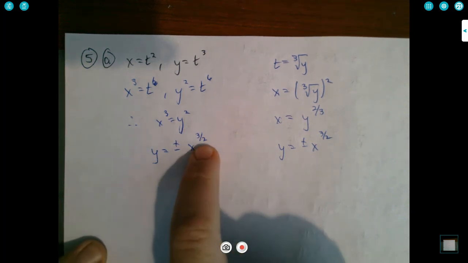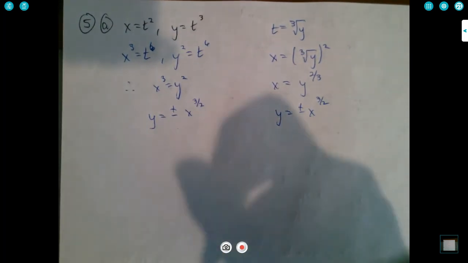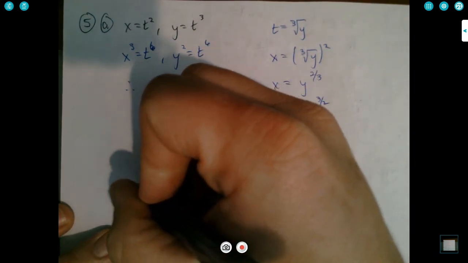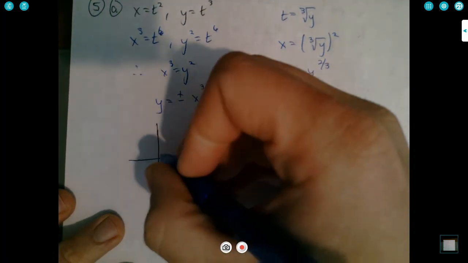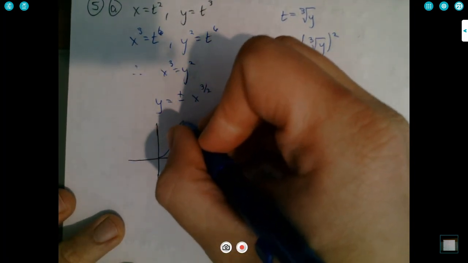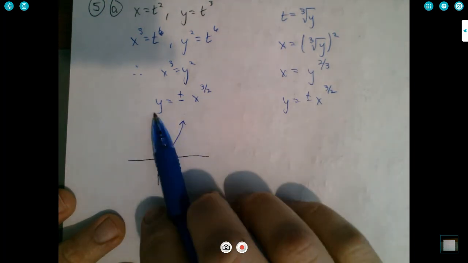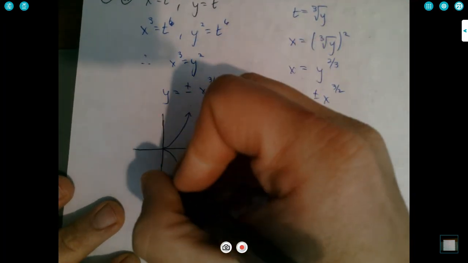The exponent is bigger than 1, so it sort of looks like a parabola. Without getting super specific, y equals positive x to the 3/2 is going to look like that, and y equals negative x to the 3/2 is going to look like that, right? So that's what this thing looks like.